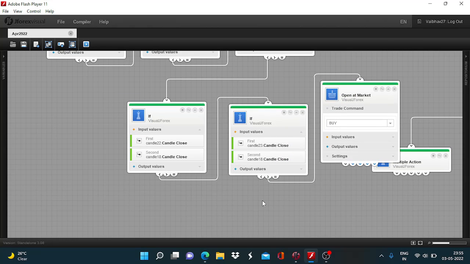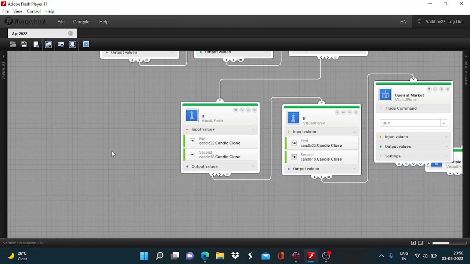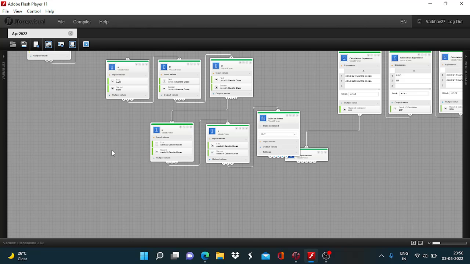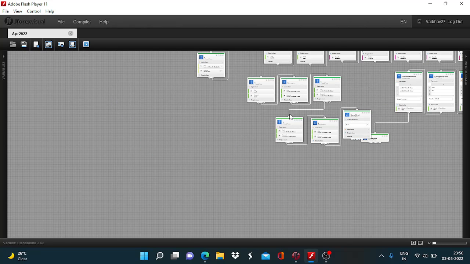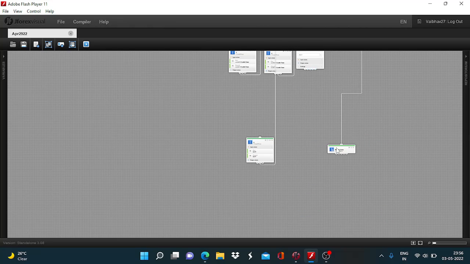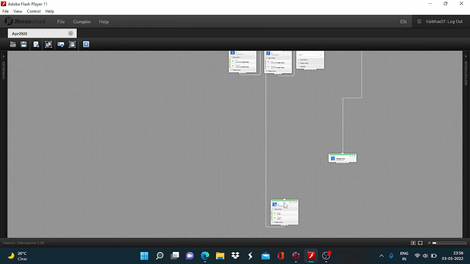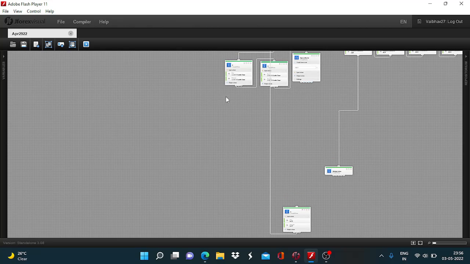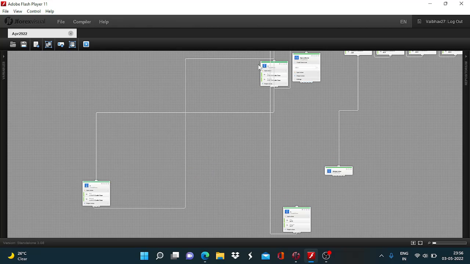All right, first input greater than second input. Let me arrange this on the lower side. We will leave one row empty just in case if we have to add the calculation blocks later on.